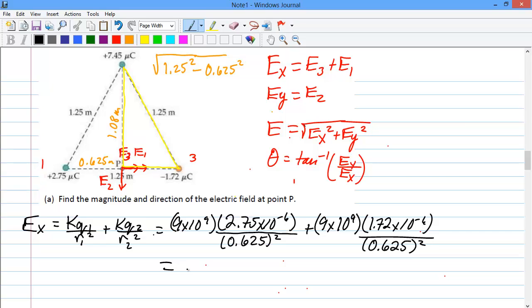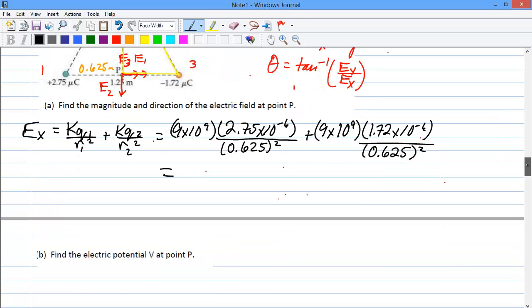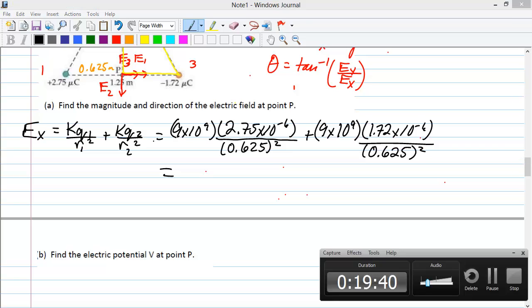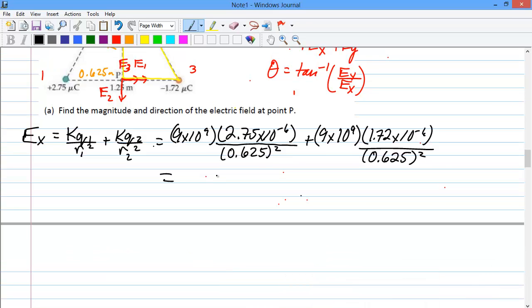When I do that, I get an answer for my EX, and the answer that I get is 102.989 newtons per coulomb.